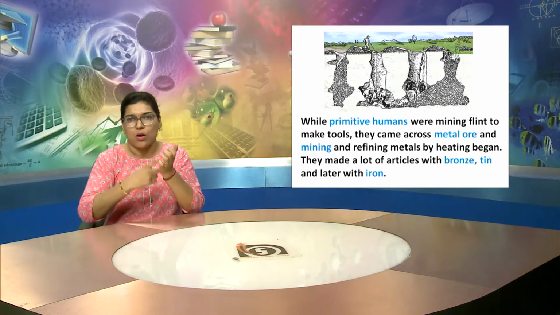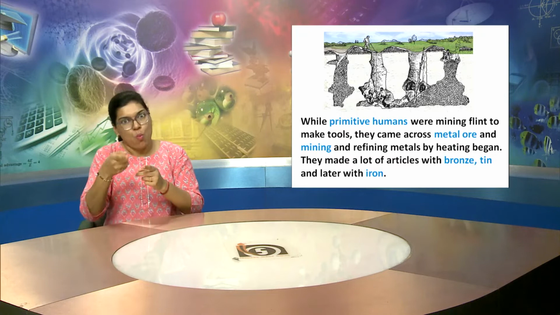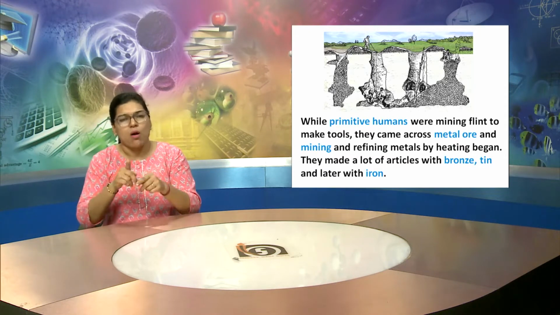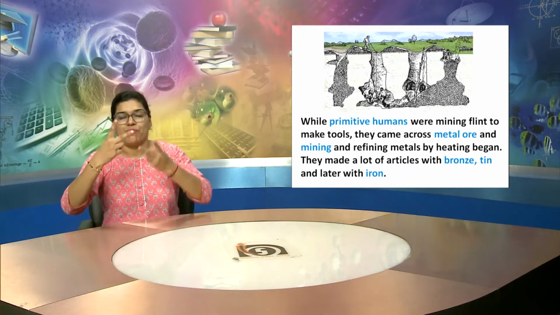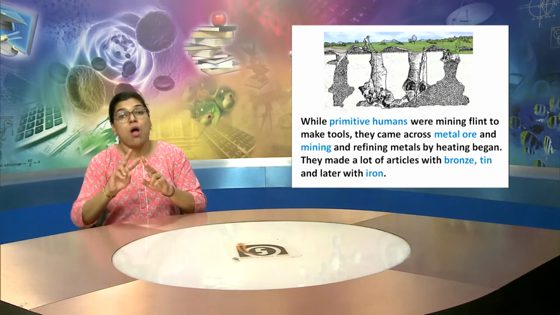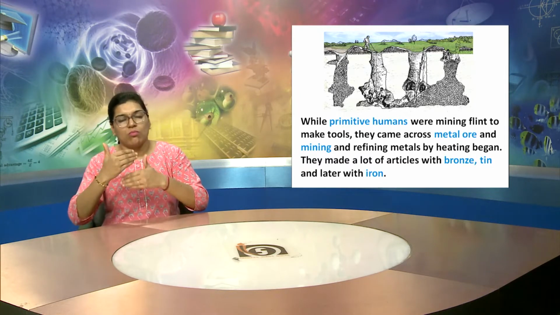Gold is a metal we already know, and silver is also a metal we already know. We make ornaments from silver and gold. But these are some other metals which were found in mines in those times.